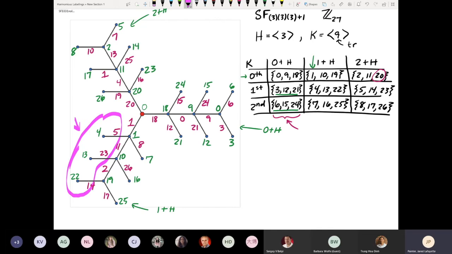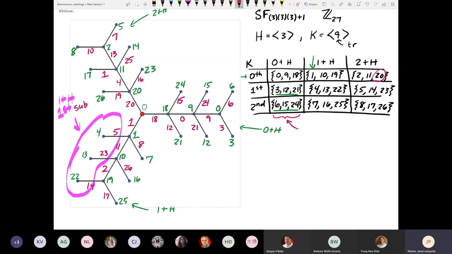outside branch over here, 22, 13, and 4, those are elements from 1 plus h, but in the first subcoset.